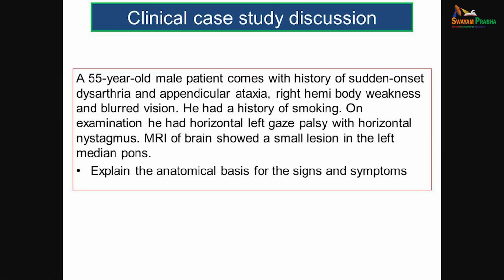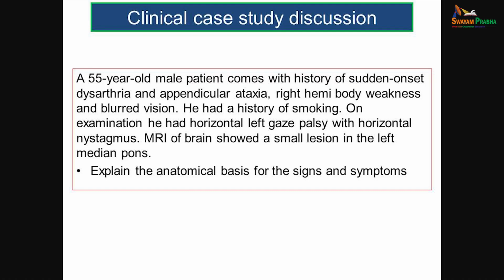And as we know, it is probably because of the history of smoking, because any blockage of these arteries can happen, and there is a horizontal left gaze palsy with horizontal nystagmus, that is because of the involvement of the cranial nerves, that is 7th and 8th cranial nerves.